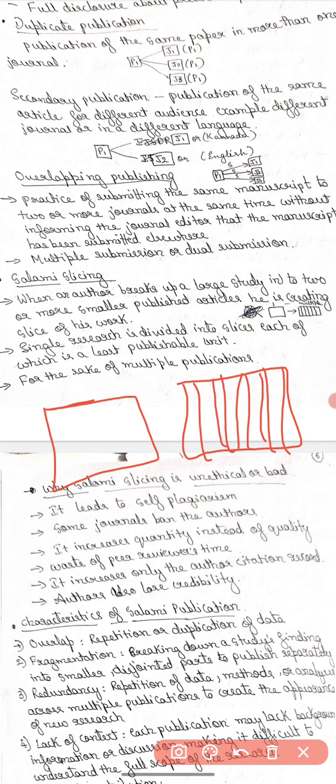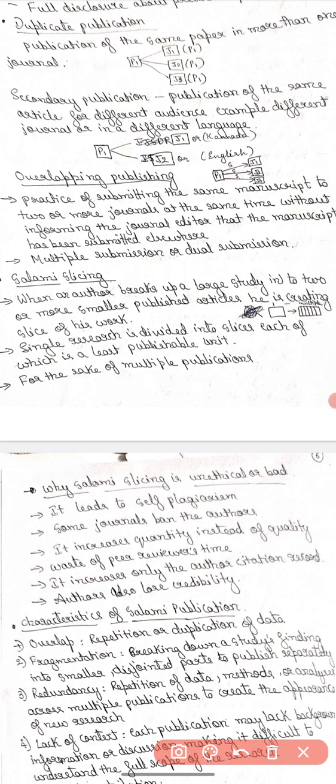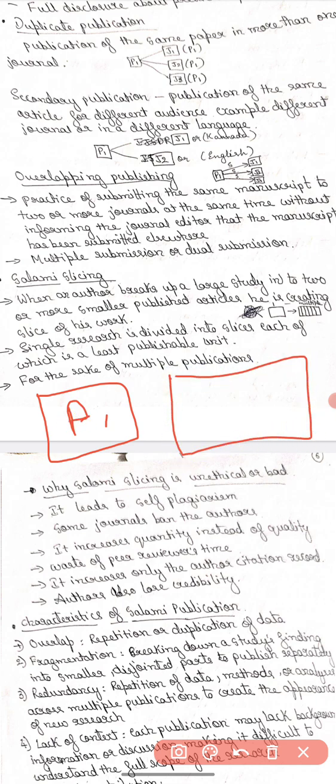If we join them, it is one box, but here we are doing slices. Here it is the same. One paper is there, and we split it into many papers, to get what? To get more journals, publication certificates.